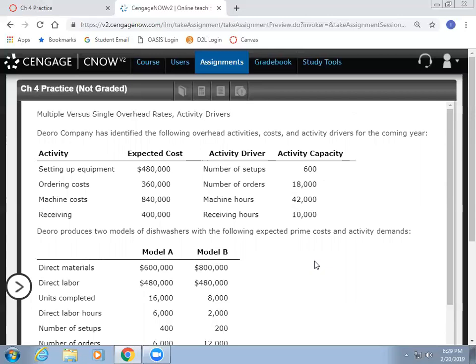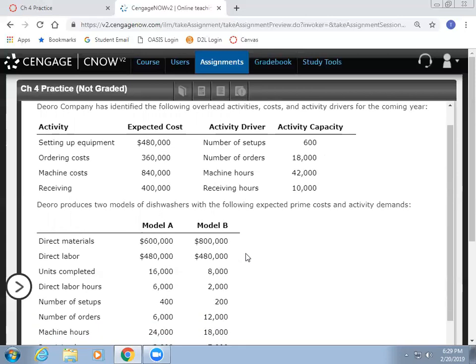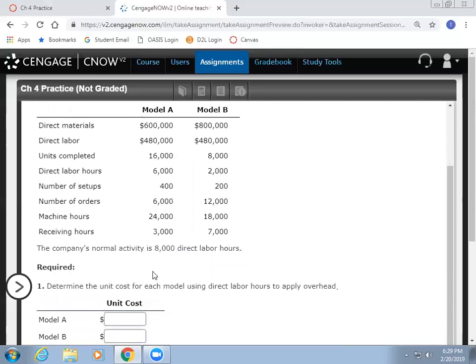Okay. So we know to calculate predetermined overhead rate, we take our estimated overhead divided by our estimated driver, which in this case is labor hours, and they tell us the company's normal activity is 8,000 direct labor hours. So to calculate our overhead rate, we're going to take that 2,080,000 and divide by the 8,000 labor hours.